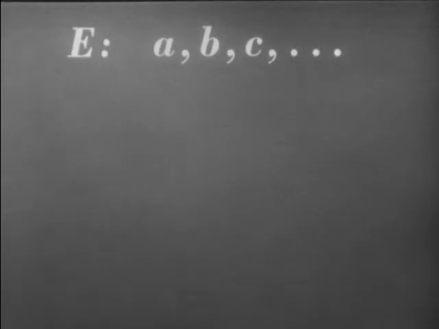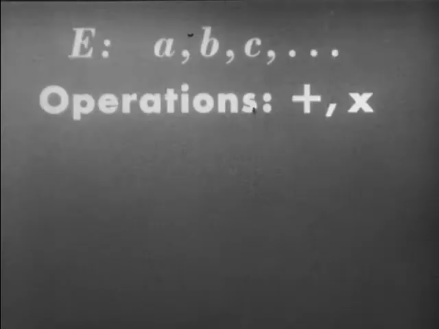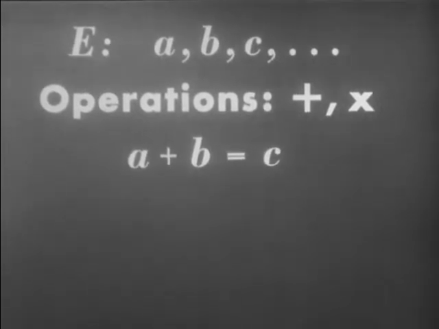We have a set of elements, and we'll designate them by small letters, A, B, C, and so on. We have 2 operations that we'll call addition and multiplication. Now, what are the requirements for a field? First, it must be possible to add any 2 elements of the set and get a unique result that is also an element of the set.